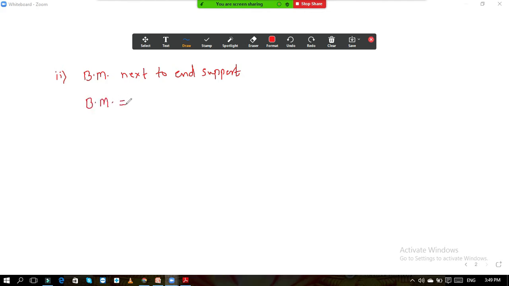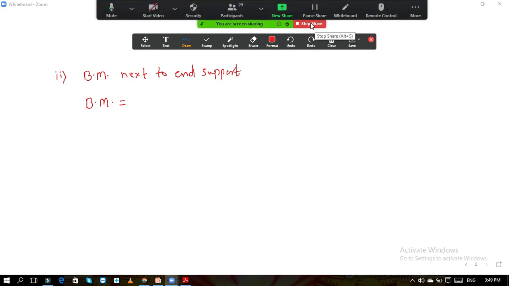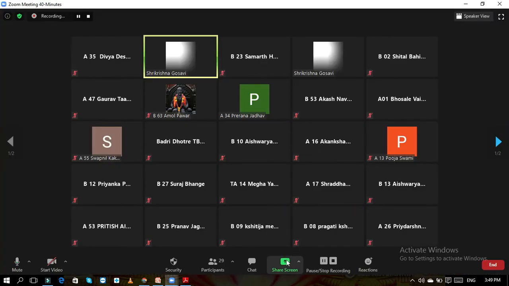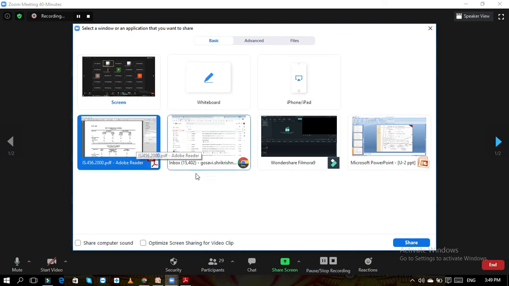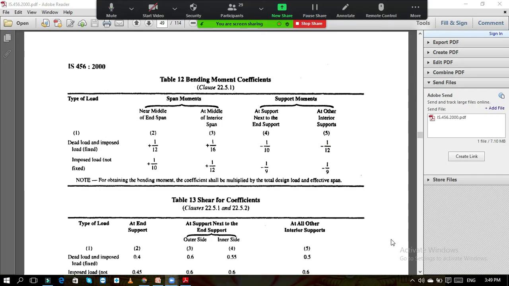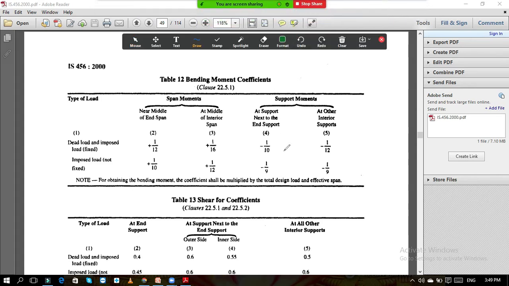I don't remember right now, so we will see those coefficients. Next to the end support, the coefficient is minus 1 by 10 for dead load and minus 1 by 9 for live load.